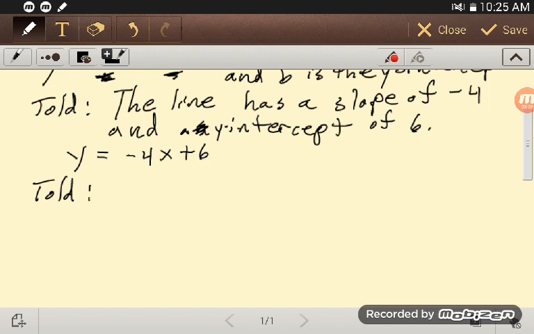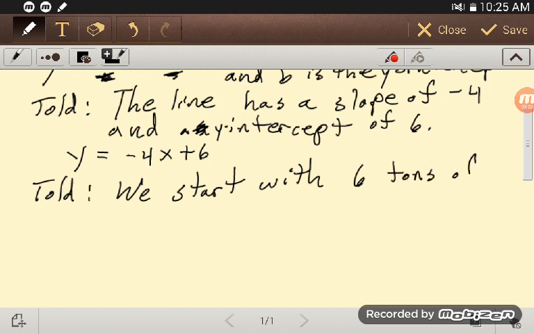I could be told that we start with 6 tons of stone, and we can remove the stone.